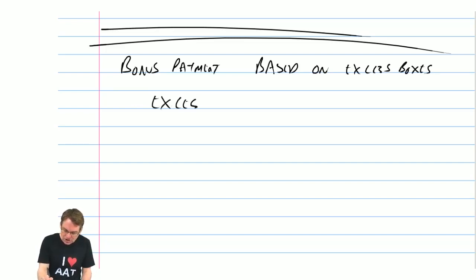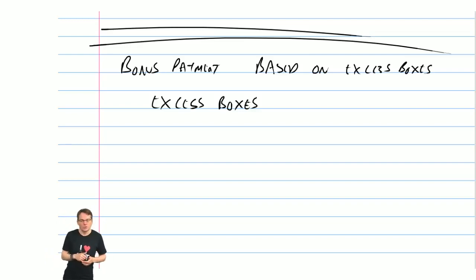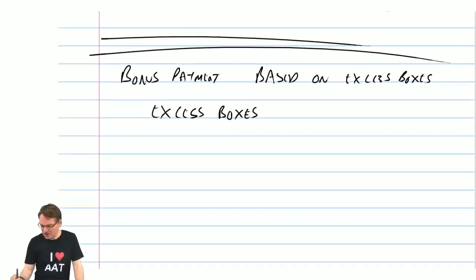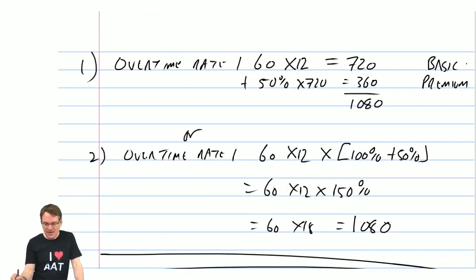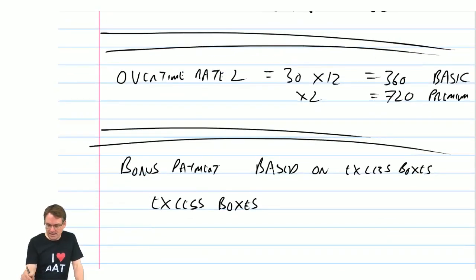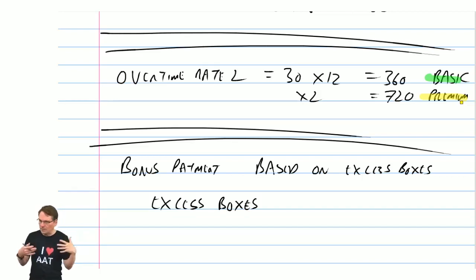Just as I have said, write everything down, and the other thing I would say is do one bit at a time. Don't try and do everything in one go. That's what I was doing here: there's the basic, there's the premium, in lots of little stages. If you try and do one very complicated question, you'll end up getting it wrong because you'll make a silly mistake somewhere. So let's break it down.